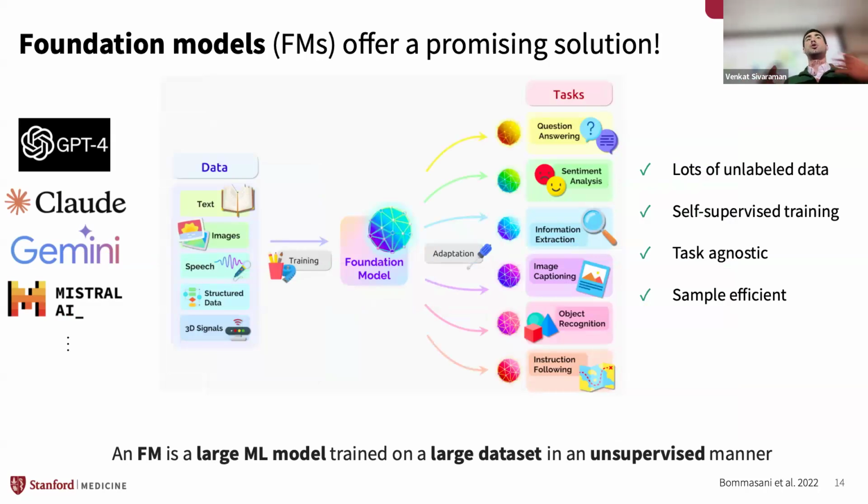Secondly, we want to do training at scale and we want to do it in some sort of self-supervised way. Third, we have a ton of tasks that we care about. And so we want our base model to be able to generalize to new tasks, like diagnosing any of the thousands or tens of thousands of different conditions a patient might present with. And then fourth, again, because data labeling is so expensive, we want our models to be sample efficient. And foundation models in other domains have just established that they have these really nice properties.